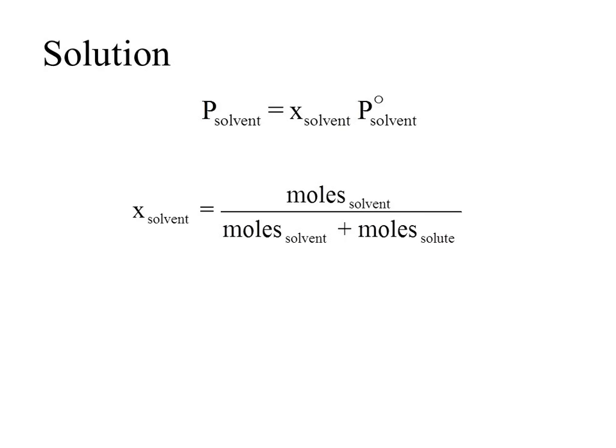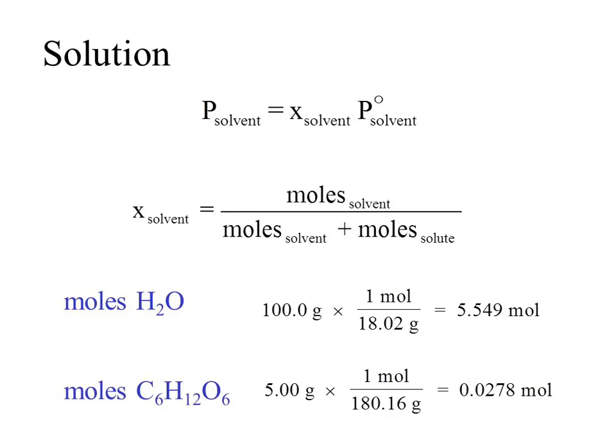So that's what these slides do. I'll just put all these up here. You probably recognize from Gen Chem 1 the mass of the water, the molar mass of water to get to moles of water. The mass of the glucose, the molar mass of the glucose to get the moles of the glucose.